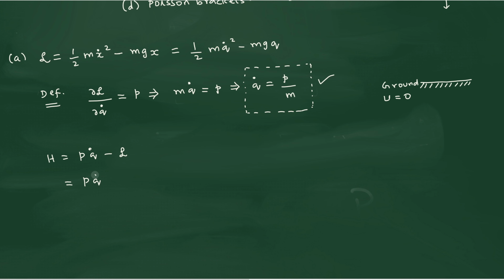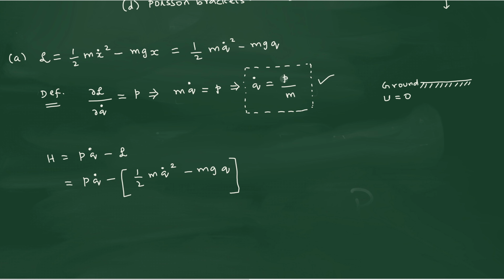P into Q dot minus the original Lagrangian is half m Q dot square minus mg Q. Now you have to replace all the Q dots by P, using the inversion expression, remove all Q dots and bring an expression containing P.